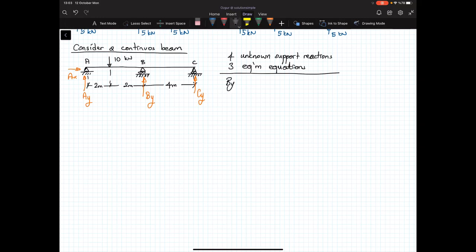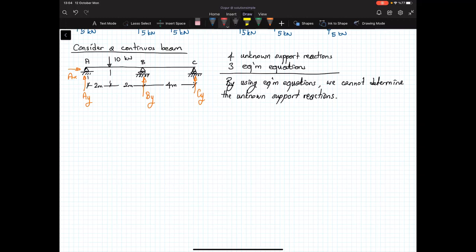So our conclusion is, by using equilibrium equations, we cannot determine the unknown support reactions. So if we don't determine the unknown support reactions, we cannot calculate the internal moments, we cannot calculate the deflections.